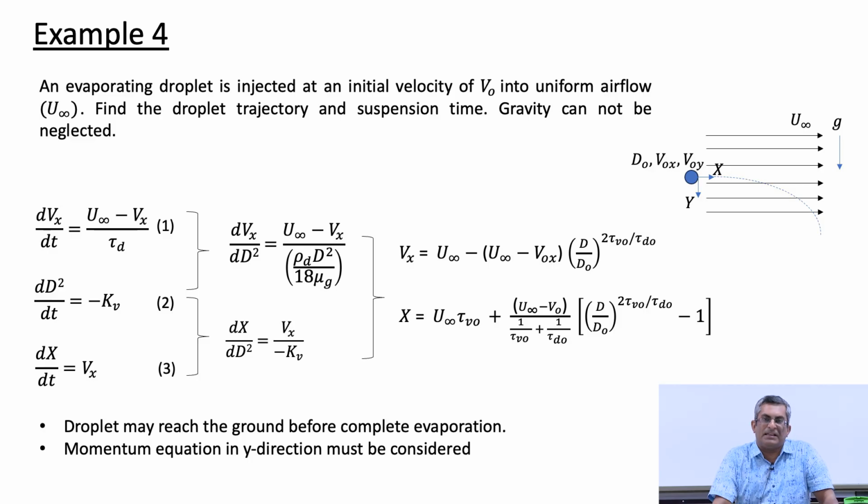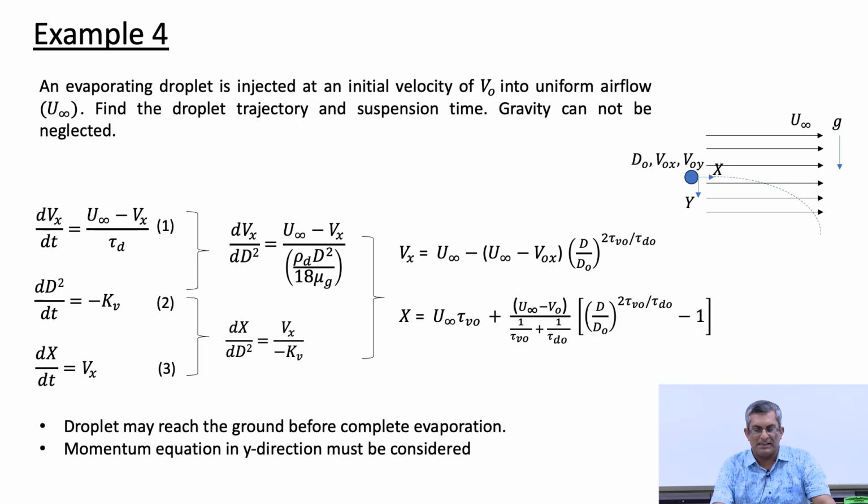However, a very interesting phenomenon occurs here. See here, if you look at this equation, try to see what would happen if the particle does not evaporate. What will happen to this velocity? Let's say you inject a solid particle.